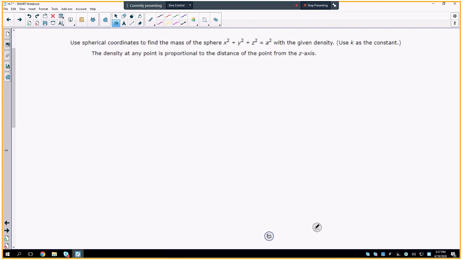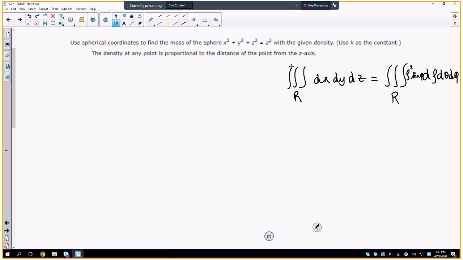At this point, we will just remember that when we change from the rectangular Cartesian system to the spherical coordinate system, our integration over the region with respect to dx, dy, dz becomes integration over the region with respect to d rho, d theta, d phi. And what we will remember is that we're always going to multiply by rho squared sine phi.